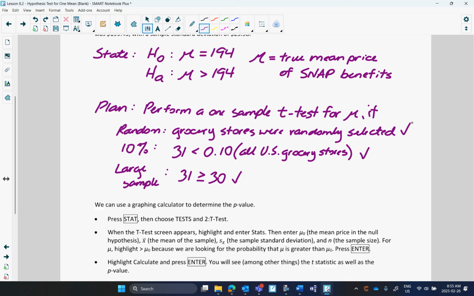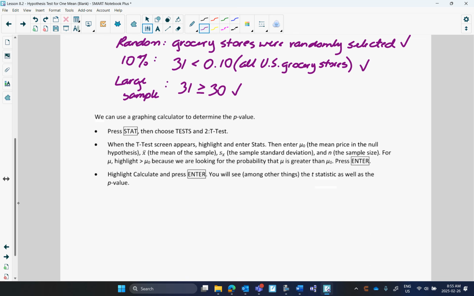So that means that we can go ahead and use a certain function on our graphing calculator, which is t-test. Don't look for one sample t-test, just t-test. So now you go to your graphing calculator. Go to stat because we want to go to tests. Number 2 is the t-test.